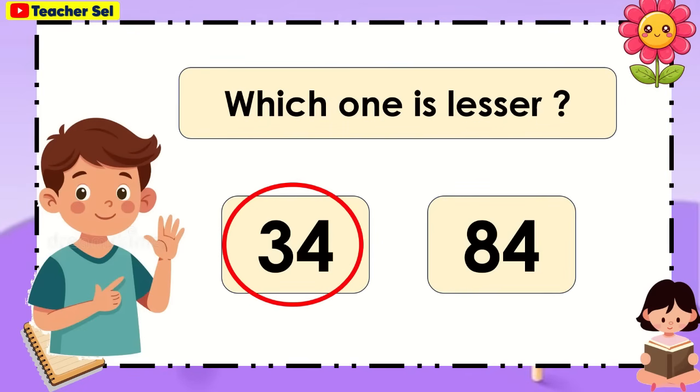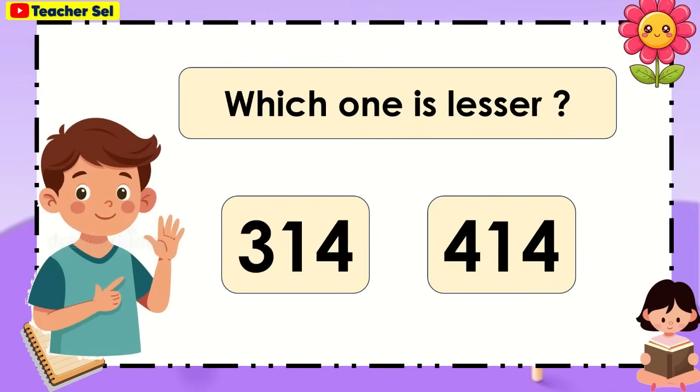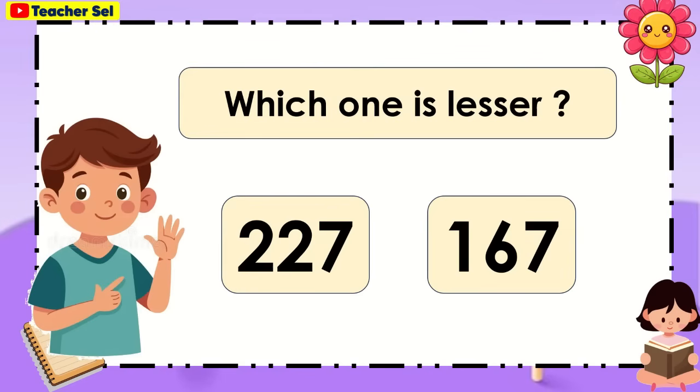The answer is 34. 314 and 414. Very good, it is 314. 227 and 167. You're right, it is 167.